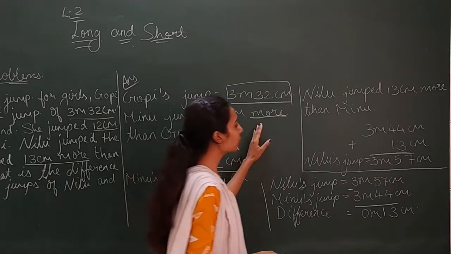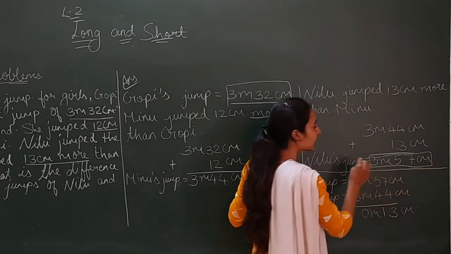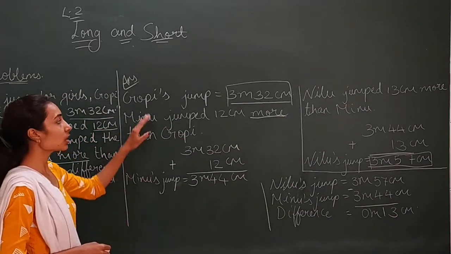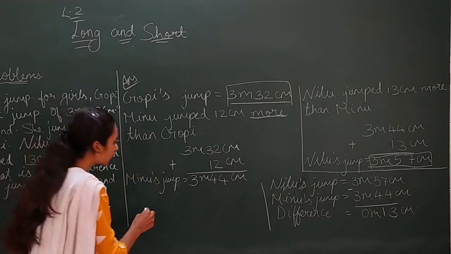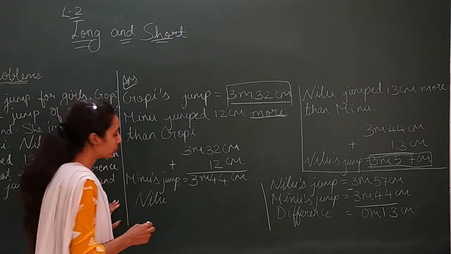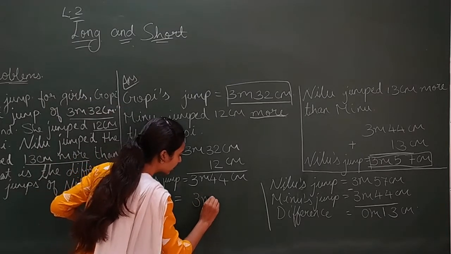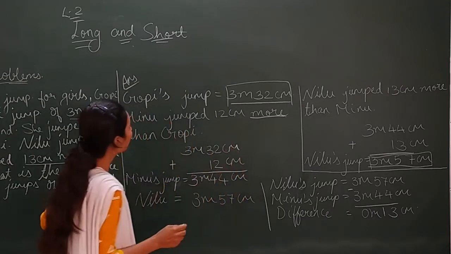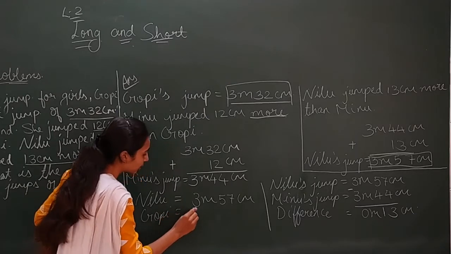And Nilu's jump that we found is 3 meter and 57 centimeter. Let us find. Between Nilu's jump and Gopi's jump, the bigger jump, the longest jump, is of Nilu. So Nilu will come first, because subtraction is possible from bigger to smaller. Nilu is 3 meter 57 centimeter and Gopi's jump is 3 meter 32 centimeter.